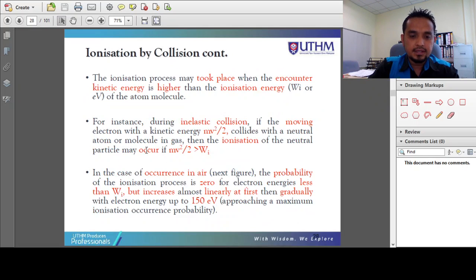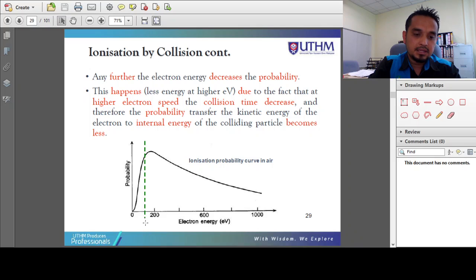Okay, if you can see here, it increases almost linearly at first, gradually with the electron energy, up to 150 electron volts.